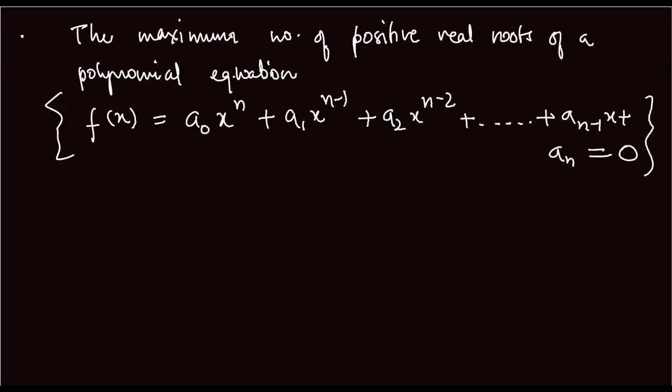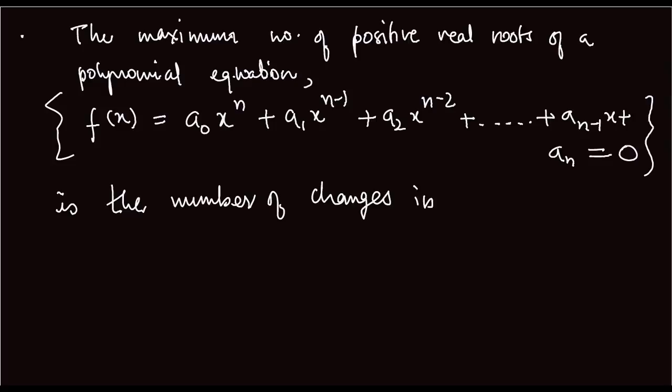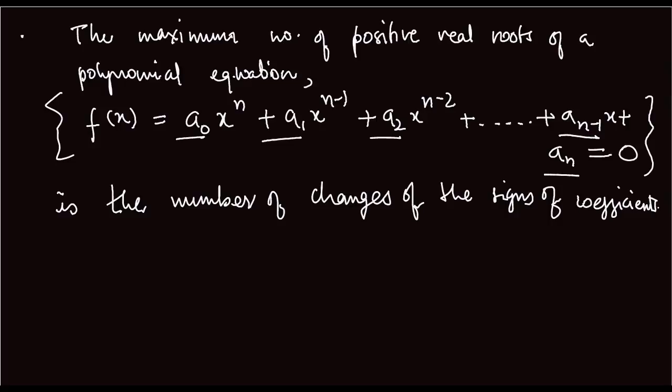We have this polynomial equation, and let's say the number of positive roots is the number of changes of the signs of coefficients. What are the coefficients? a naught, a1, a2, a n minus 1, a n, all of them.